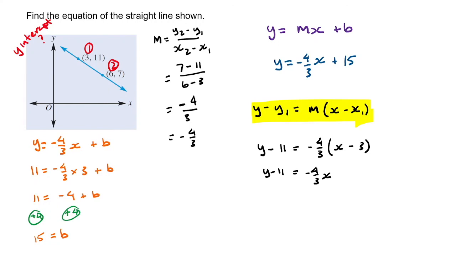And we said before that minus 4 over 3 times 3 was 4. Well, it was minus 4, but we're now timesing it by minus 3, so we get that positive answer. And now we can start using some of our opposite operations, so we can add 11 to both sides. Leaves me with y equals minus 4 over 3x plus 15. So exactly the same answer as before.